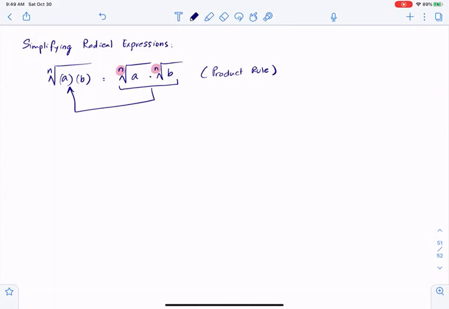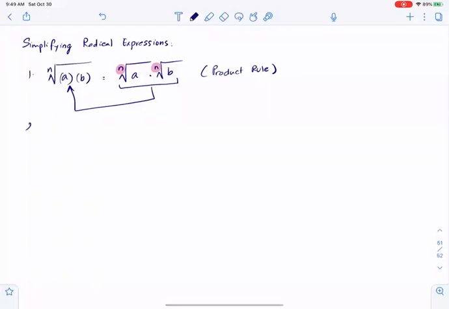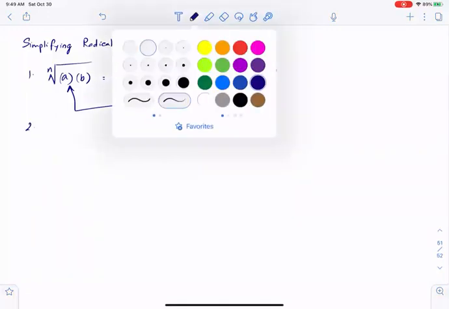Whatever we learned earlier, we're just going to do in reverse. If you have two roots in product, as long as the roots are identical, you can put them together under a single root. The same logic applies with what we call the quotient rule.